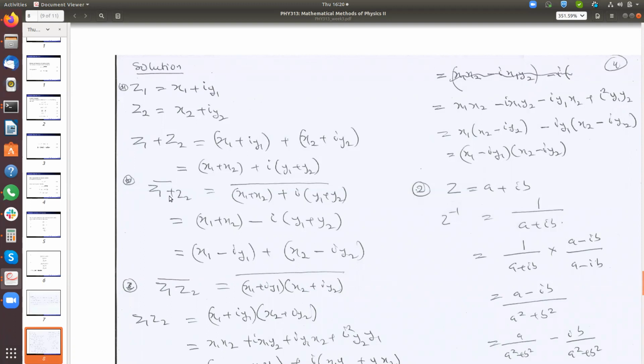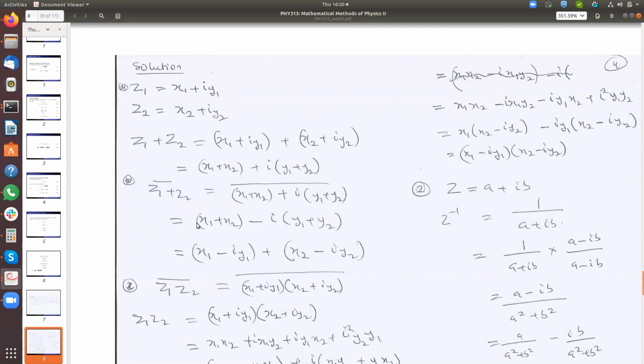Now the second thing is that you take the conjugate. The bar you are seeing on it is just to tell you to take the conjugate. To take the conjugate, just put a line across it and you change the sign in between. So x1 plus x2, then instead of positive here it will be negative because you are taking the conjugate, minus i times y1 plus y2.